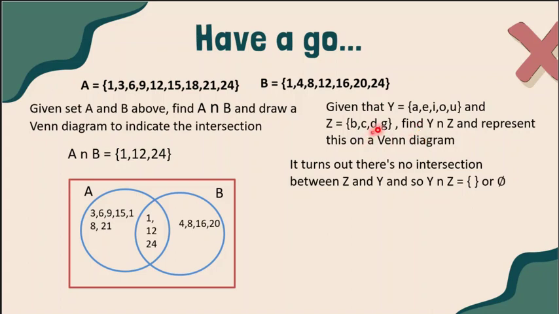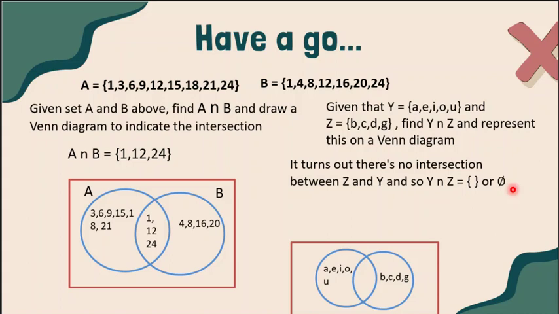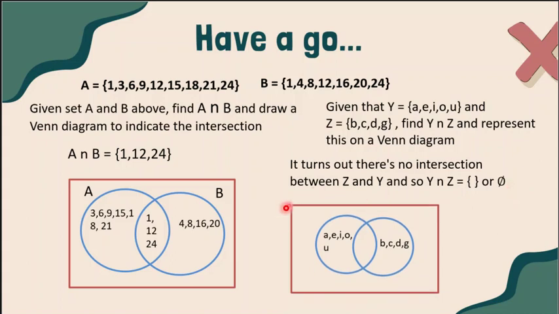You find that these are all vowels, but then there is no vowel here. So as it turns out, there is no intersection between Y and Z. So the intersection of Y and Z is a null set or an empty set, like we learned earlier. And so when you want to draw a Venn diagram for that, that is how it can be represented. There is no intersection between them. Next, we'll talk about the union set.